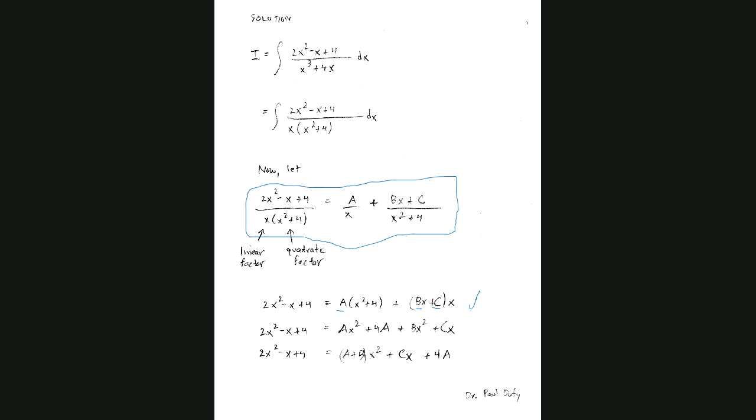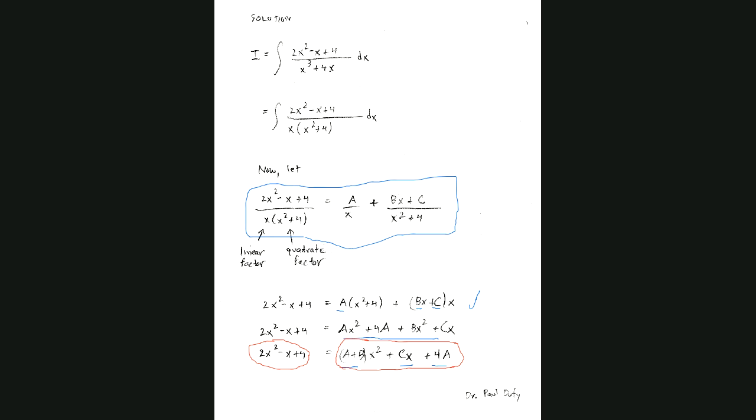Well, by rewriting the right-hand side of the equation, just distributing the A and the x and writing out the terms, we can re-express the right-hand side as (A plus B) times x squared plus C times x plus 4 times A. But remember, if 2x squared minus x plus 4 is to equal the right-hand side here, that means the coefficients of x squared, x, and the constant have to be the same.